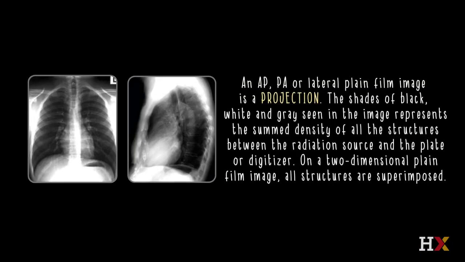This is a projection in that the shades of black, white, and gray seen on the image represent the sum of all the structures the radiation beam passed through between leaving the source and reaching the plate or digitizer. So everything is superimposed and on top of each other. In some cases, we'll be seeing 2 or 3 organs on top of one another in this film.